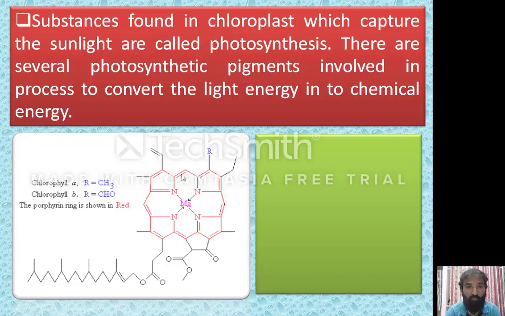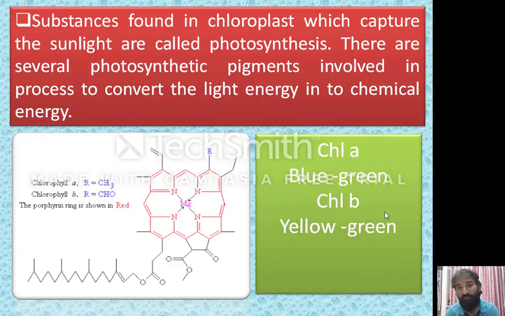These four porphyrin rings contain a tail, a tail of carbon chain, in the chlorophyll molecule. Chlorophyll A is mainly blue green in color, and chlorophyll B is yellow green in color. Chlorophyll A, chlorophyll B, and the other colored photosynthetic pigments are aggregated in the thylakoid membrane to form a light harvesting complex.